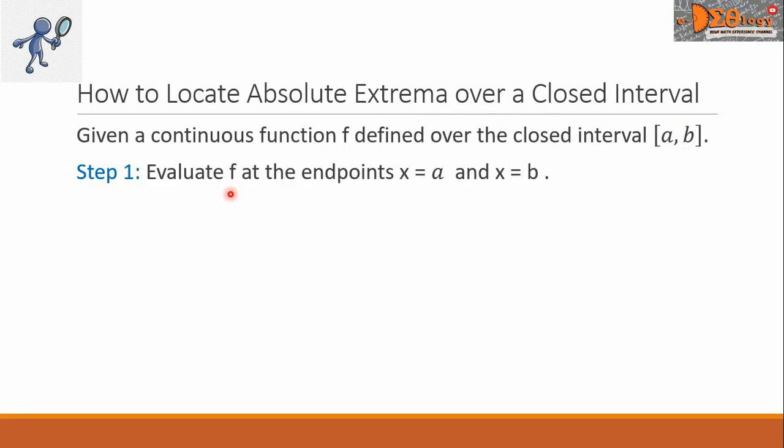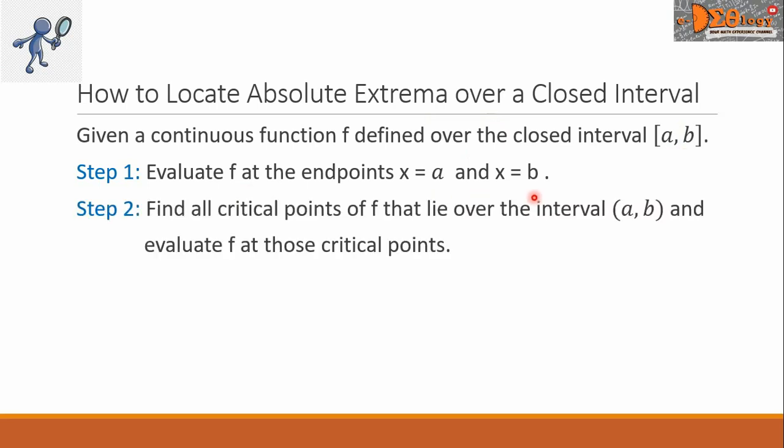Evaluate the function f at the endpoints x equals a and x equals b. Step 2. Find all critical points of the function f that lie over the interval from a to b, and evaluate the function f at those critical points.